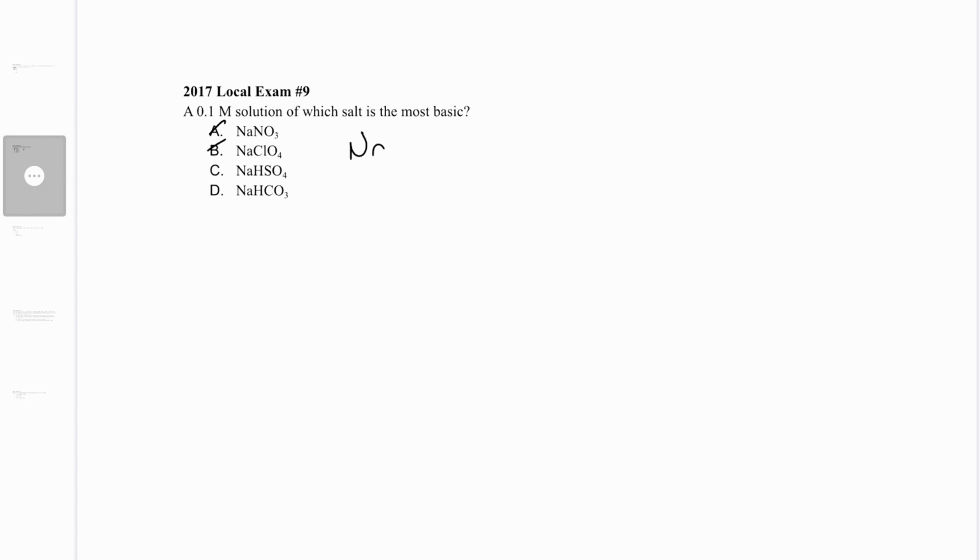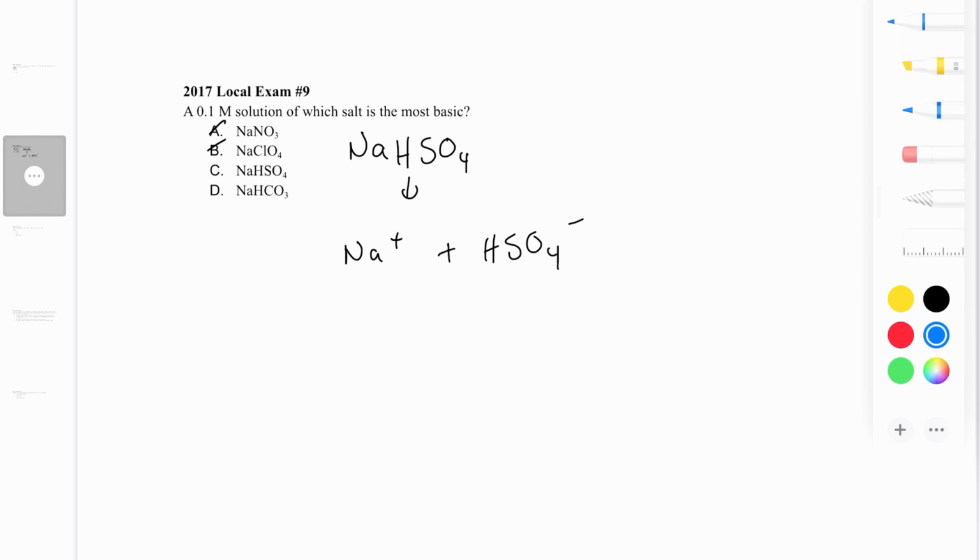Let's look at NaHSO4. Now, NaHSO4 is going to break up into Na plus and HSO4 minus ions. Now, the thing about that HSO4 minus is that it's going to also break up. What that means is that it's going to react with water. It's going to hydrolyze.